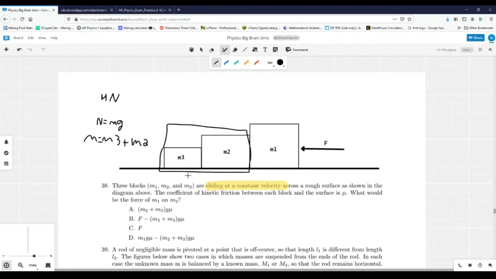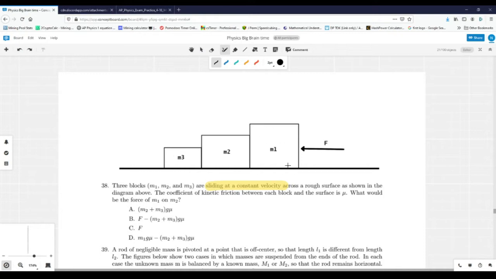Wait, could you explain that again? How you got M equals M3 plus M2? Right, so I'll back up a bit. Okay, so it's asking what is the force of M1 on M2, right? Whenever we apply a force to M2, inherently we're also going to be applying a force to M3.